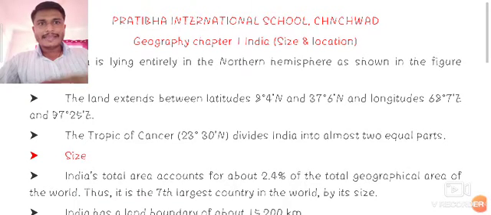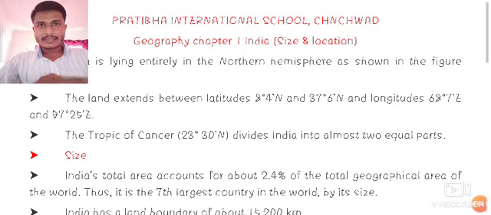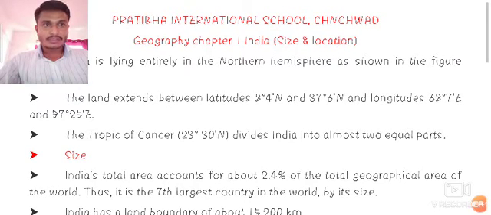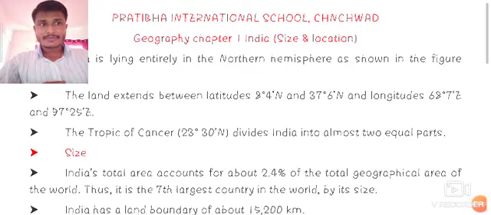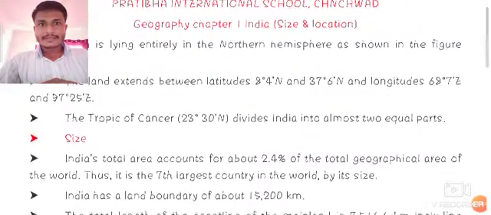So let's deal with it. India is lying entirely in the northern hemisphere, as shown in the figure that is explained in your textbook. The latitudinal extent of India is 8 degree 4 minute north up to 37 degree 6 minute north, and the longitudinal extent is 68 degree 7 minute east to 97 degree 25 minute east.